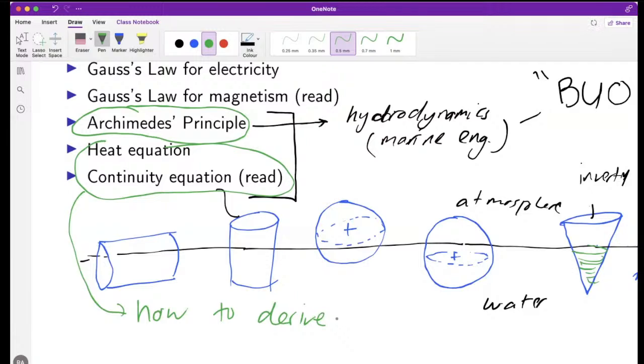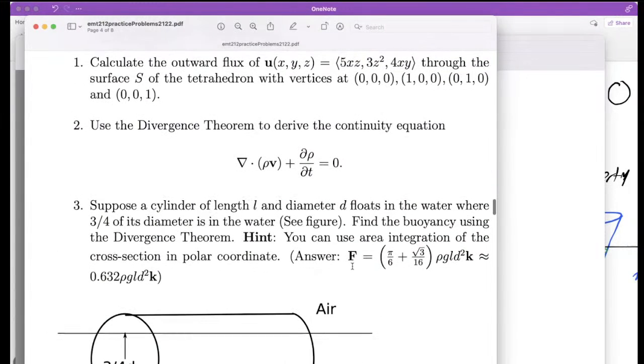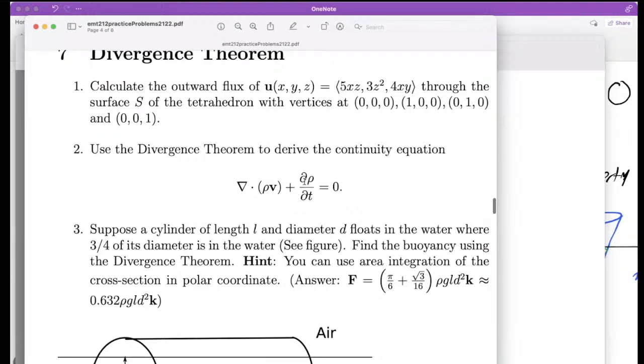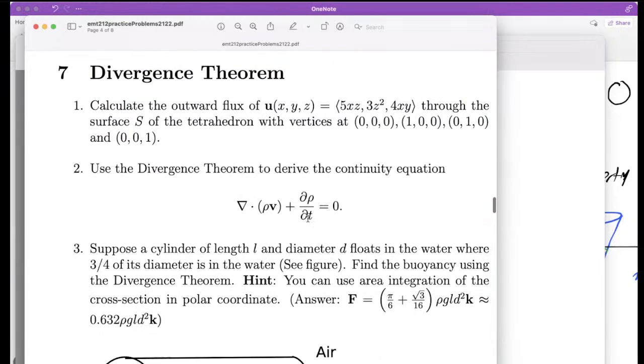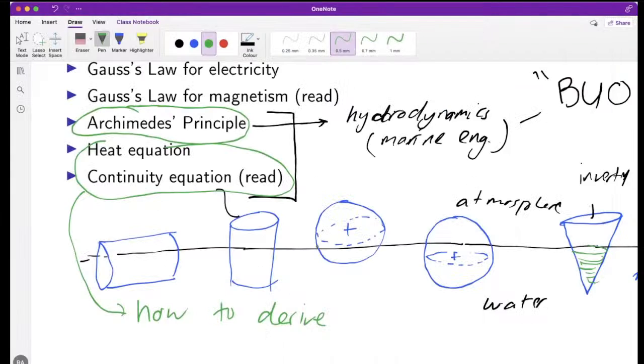As you can see in my practice problems, question 2 is about the derivation of the divergence theorem. This is what I expect: how to derive, and of course the principles and meaning of these two equations.